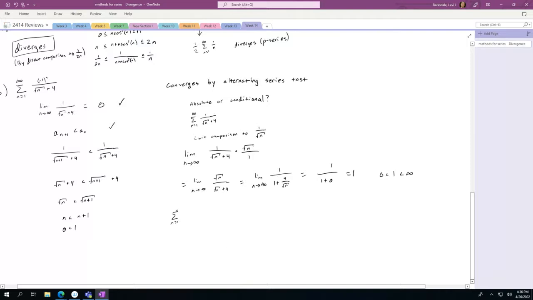Since 1 over square root of n, does this converge or diverge? That diverges. Diverges by which test? By p-series. So what can we say about the sum from 1 to infinity of 1 over square root of n plus 4? Therefore, it diverges as well by the limit comparison.